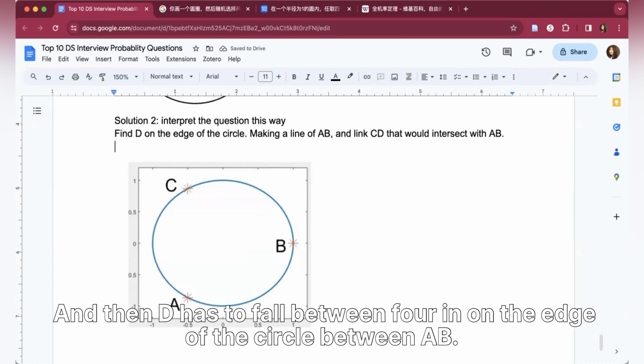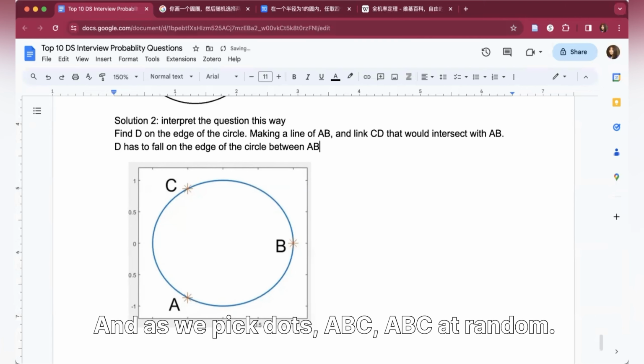Then D has to fall on the edge of the circle between A, B.